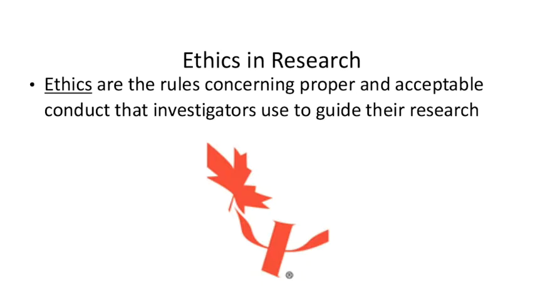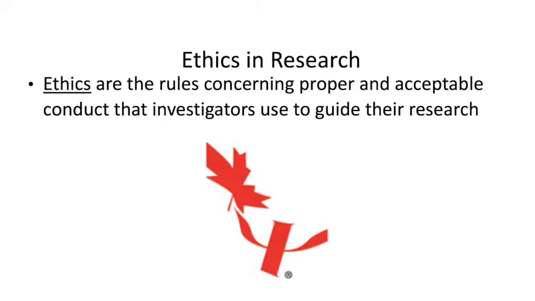We've done things that are inhumane. We've done things that are simply wrong and unethical. And for that reason, there are ethical guidelines put in place nowadays, and they're constantly being changed and constantly being updated, that make sure the research is being conducted in an ethical and in a moral manner so that we're actually not harming our participants.